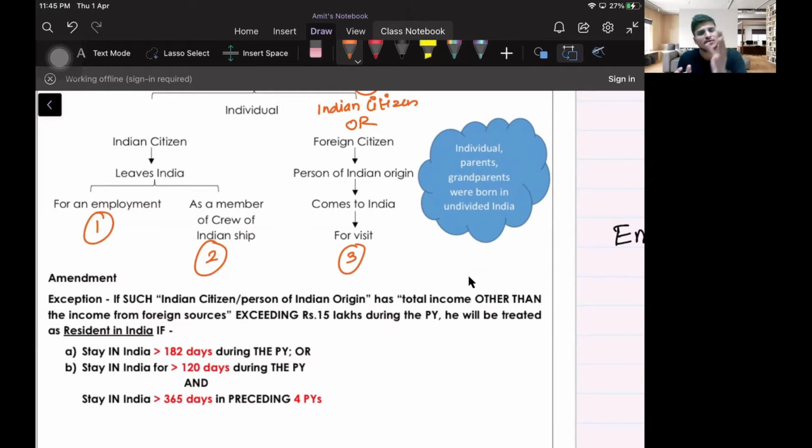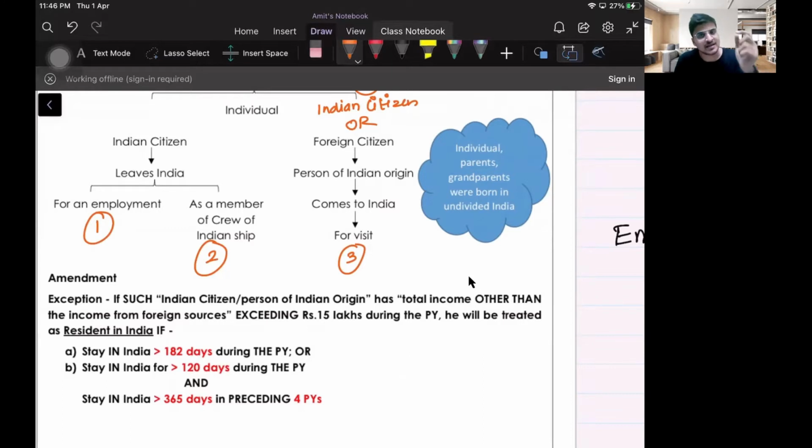I will repeat: if you are falling under the third category, you will first check the income of such a person, whether total income, excluding foreign sourced income, is more than 15 lakhs or not. If it is more than 15 lakhs, you will also see the second basic condition but with some alteration.